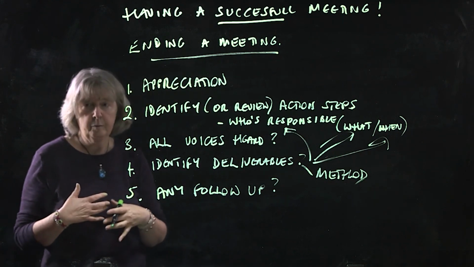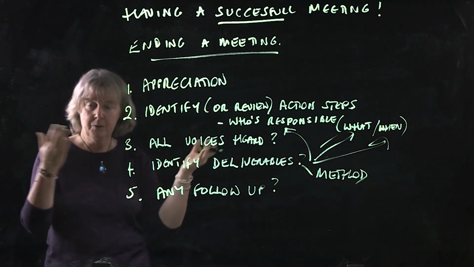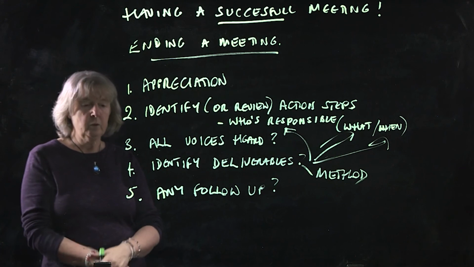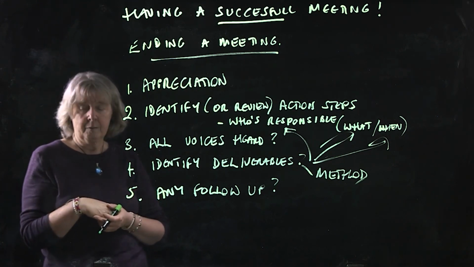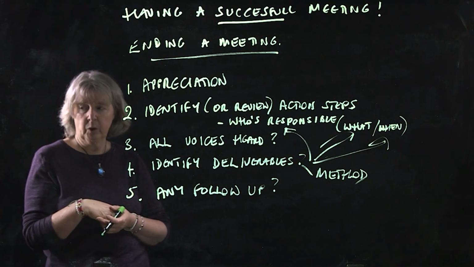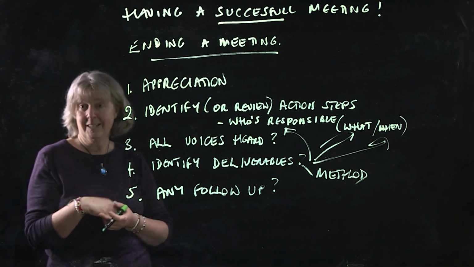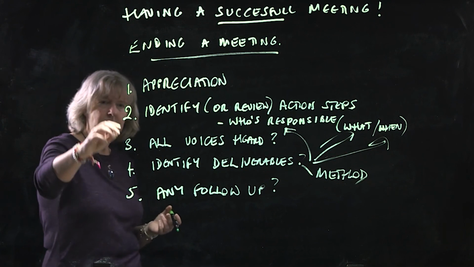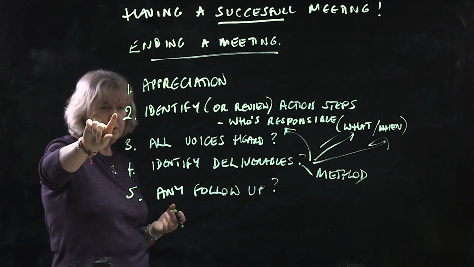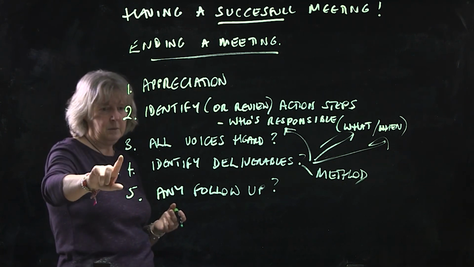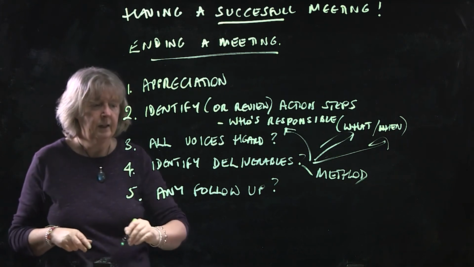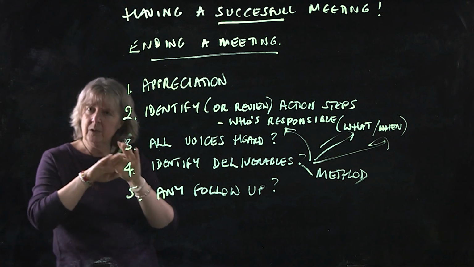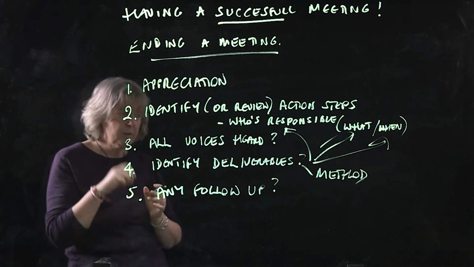Like, are there things that members of the group, members of the conversation or the dialogue, members of the community, members of the team, each person might have something that needs some follow-up that was already decided in the meeting. So these are similar. So number 2, identifying action steps. Number 4, identifying deliverables. And number 5, any follow-up. They're really closely related, but they are somewhat distinct.